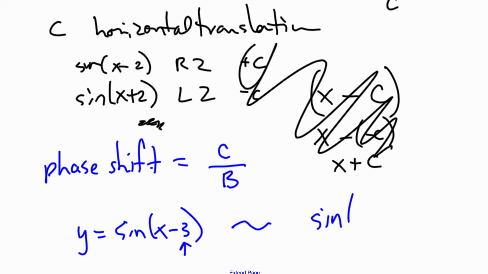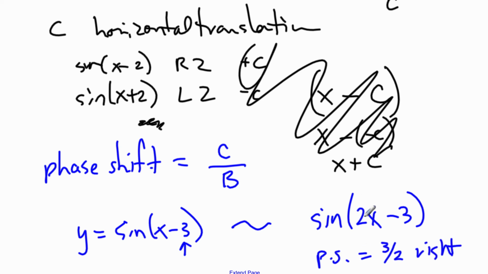But if I give you a question where it says sine 2x minus 3, then the phase shift isn't 3, right. The phase shift will be equal to 3 over 2, right. So you just have to be careful with that.